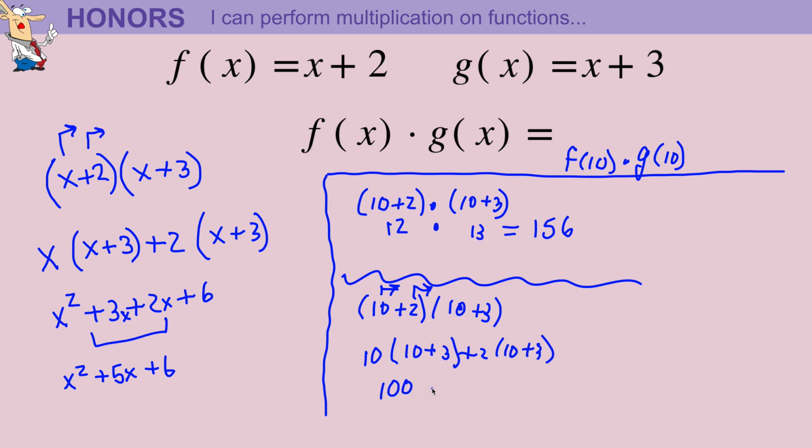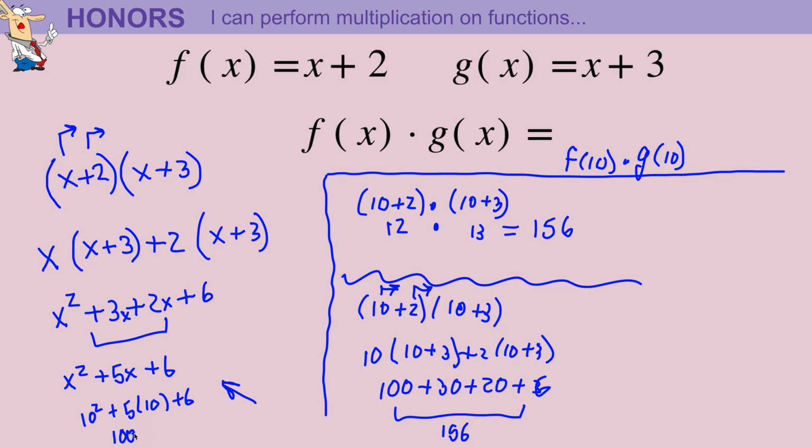So it gives 100 plus 30 plus 20 plus 6, which results in 156. And we could even check and make sure that I did this correctly by plugging in the 10 in place of the x. We get 10 squared plus 5 times 10 plus 6 equals 100 plus 50 plus 6 equals 156.